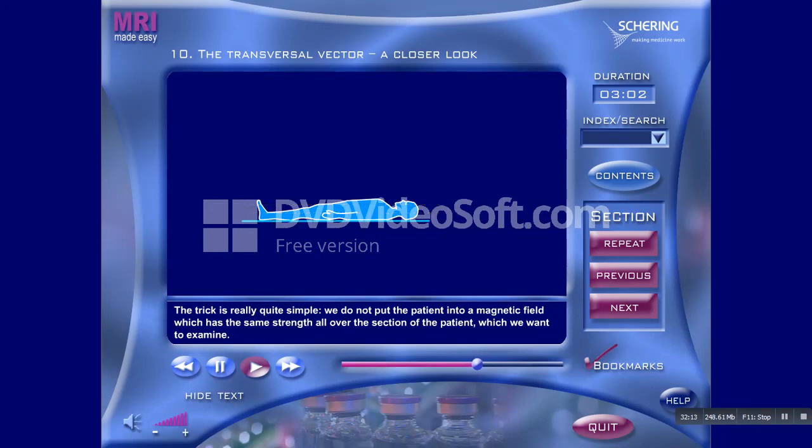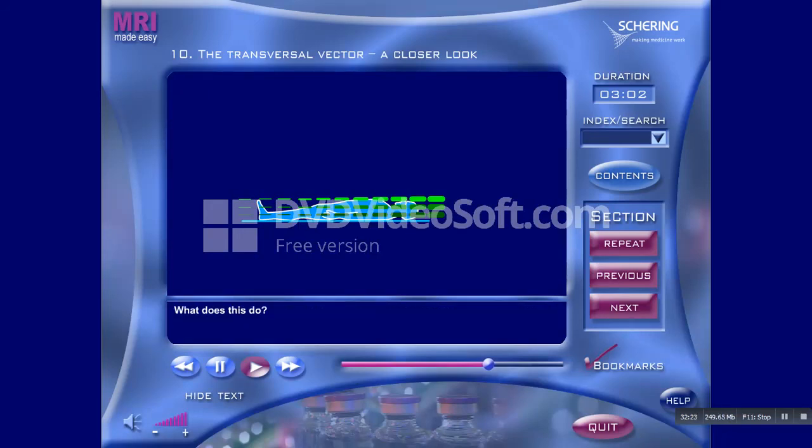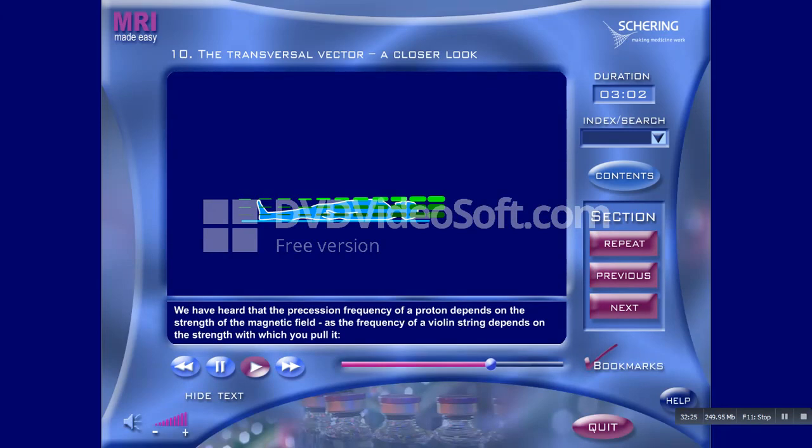Instead, we take a magnetic field which has a different strength at each point of the patient's cross-section. What does this do? We have heard that the precession frequency of a proton depends on the strength of the magnetic field, as the frequency of a violin string depends on the strength with which you pull it.